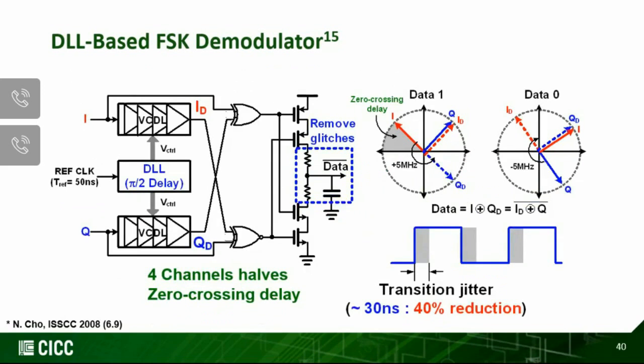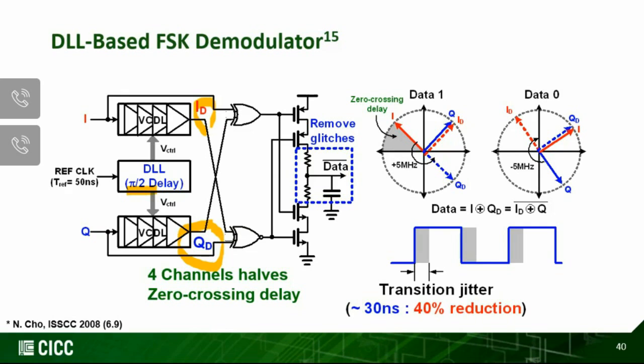To reduce the jitter, this DLL-based demodulator generates two additional signals, which are ID and QD, delayed versions. These are pi divided by 2 delays which will be introduced to the original signals. To synthesize the accurate delay, a delay-lock loop structure is used, and a control voltage from the DLL is applied to the VCDL replicas.